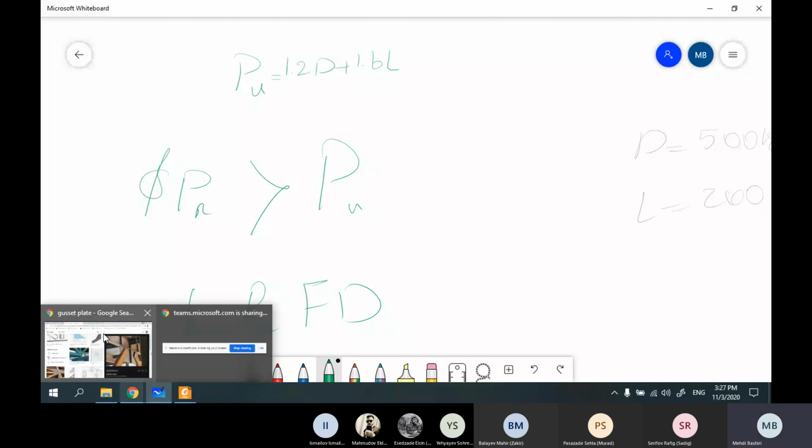Again, the demand Pu should be less than the reduced capacity. Sometimes we show this reduced capacity with phi Rn, phi Pn. Okay, let's solve an example like here.